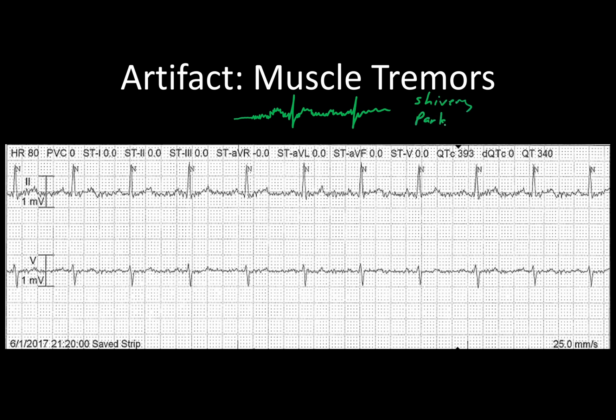Parkinson's. Things of that nature can create this muscle artifact. Please avoid saving a telemetry strip like this if at all possible. Some patients just never stop shaking, but there are other instances where if you can catch one where they've relaxed, you'll get much better readings off of them.